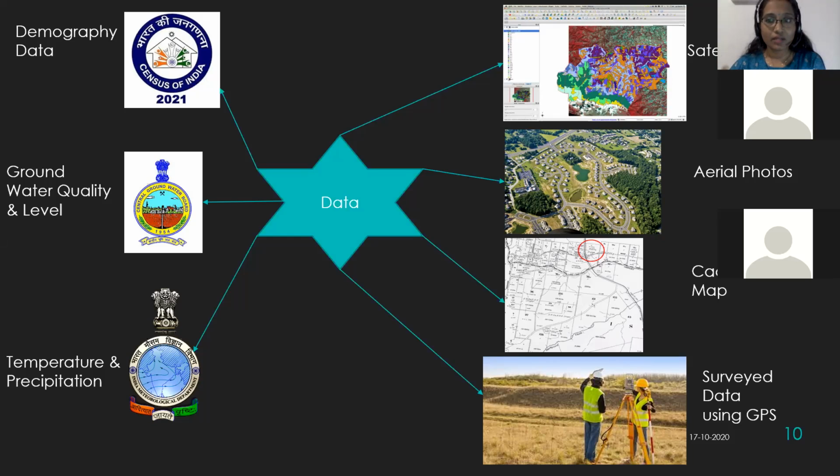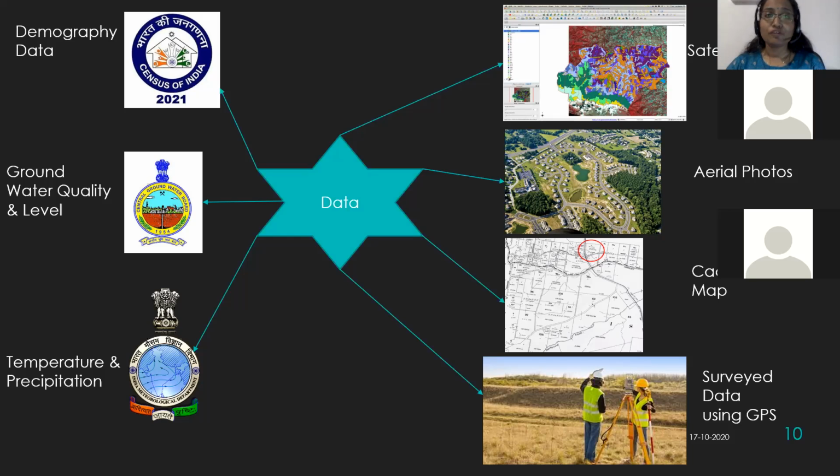That recognized organization is the Indian Meteorological Department. For these features, you can collect the data from the Indian Meteorological Department. If you are working on groundwater quality control, that data is available from the Central Groundwater Board.